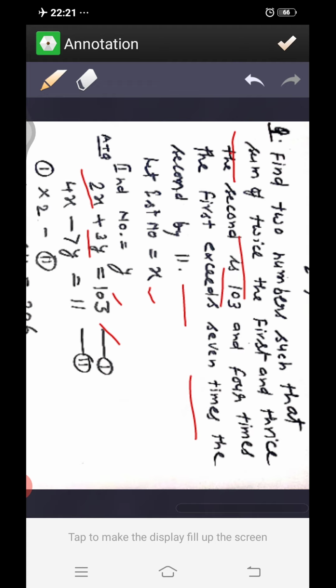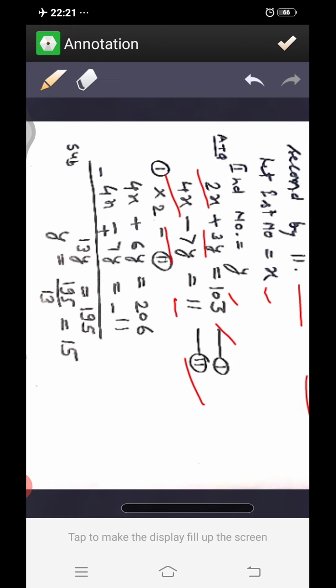Then the second condition: 4 times the first exceeds 7 times the second. 4 times x is 11 more than 7 times the second. It means the difference of 4 times the first and 7 times y is 11. This is our second equation.